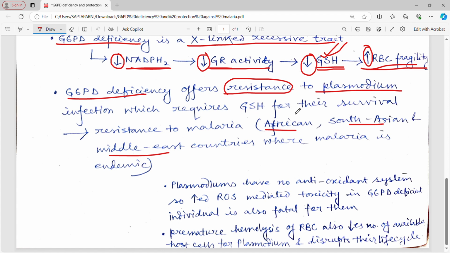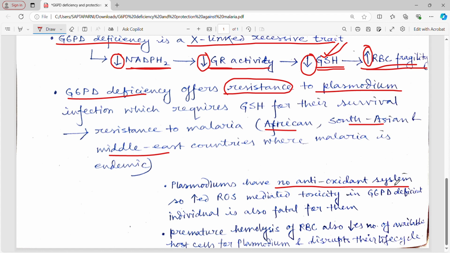See, like many other parasites, plasmodium also does not have any antioxidant system. Okay, so when it infects the RBC of our body, our RBC is already G6PD deficient. As a result, the amount of H2O2 or reactive oxygen species is already very high in our RBC. And now the plasmodium is infecting that RBC. Okay, now what will happen?